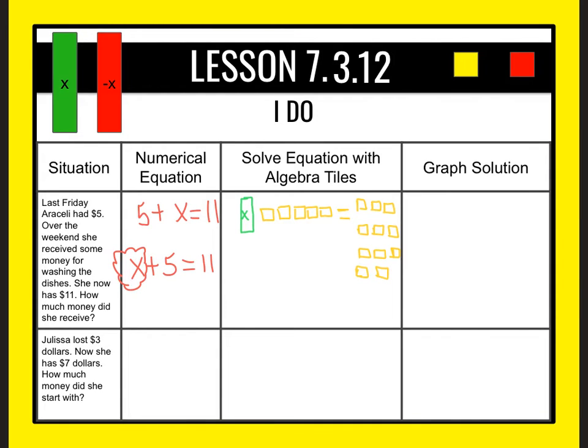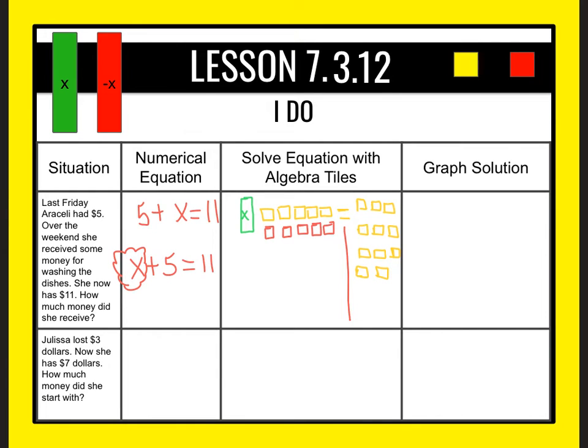Okay, so I know all of y'all can do this by trial and error, and you understand that I can just simply subtract 11, take away 5. However, if I think about what we've been learning about zero pairs, let's say I wasn't quite sure, okay? So if I'm adding 5, I need to subtract 5 or bring in and make 0 pairs so that I end up with x by itself.